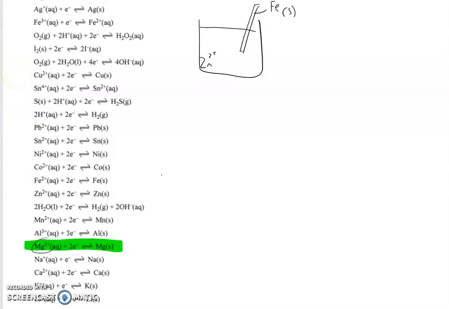There we go. And I've got my iron metal here. So let's highlight all that equation. And we're going to draw a line between the two things that we actually have present, which is the iron metal in the nail and the magnesium ions in the solution. Okay, so that's an uphill line telling me no reaction will occur.